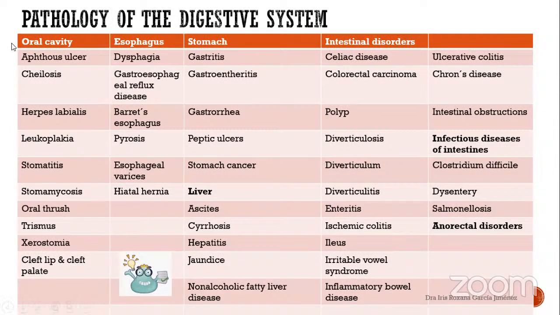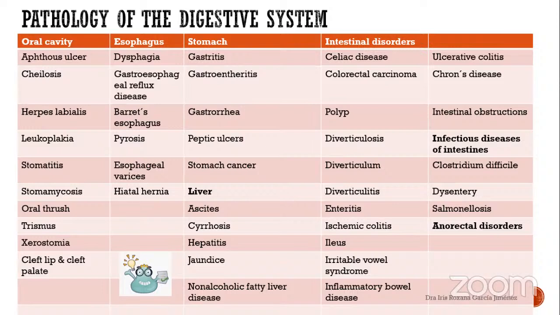And now pathologies, yes, the best. Oral cavity: aphthous ulcer, cheilosis, herpes labialis, leukoplakia, stomatitis, stomatomycosis, oral thrush, trismus, xerostomia, cleft lip and cleft palate.